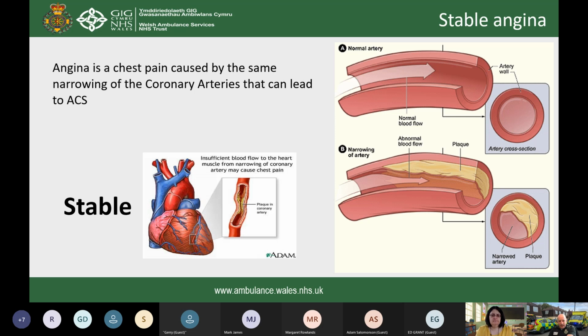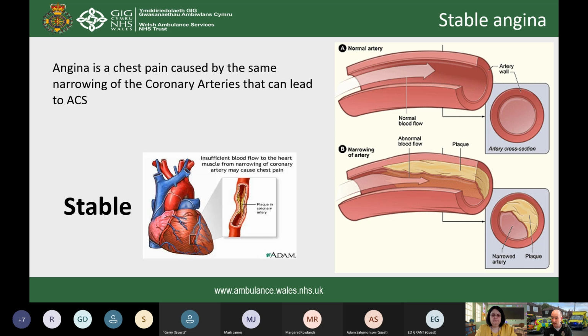So, stable angina then. What is stable angina? Or what's angina? Short term, okay, yeah. Pain across the chest, type pain across the chest.